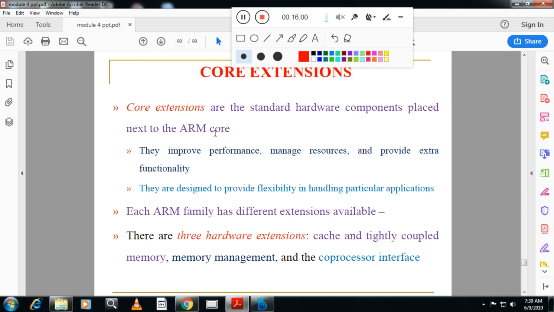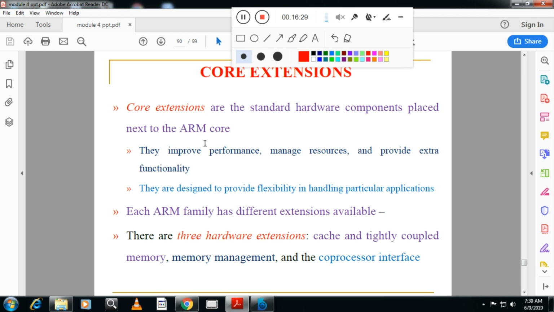Core extension. The last concept in ARM7 is called core extension. What is core extension? Please remember, ARM, Advanced RISC Machine, is the company which produced the core. They only design the core and sell it to various organizations, which design microprocessors and microcontrollers for various embedded systems.